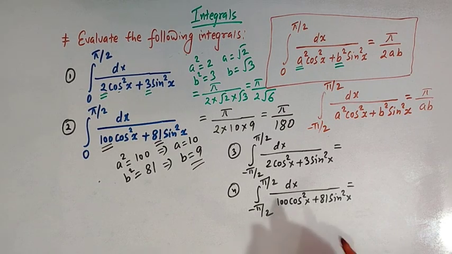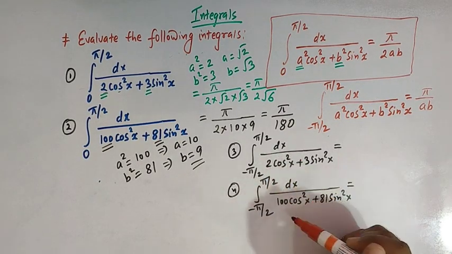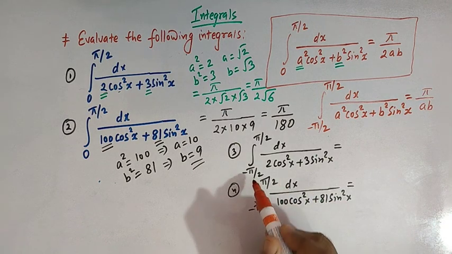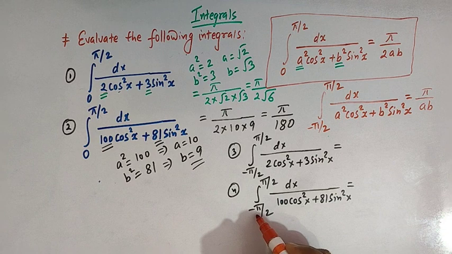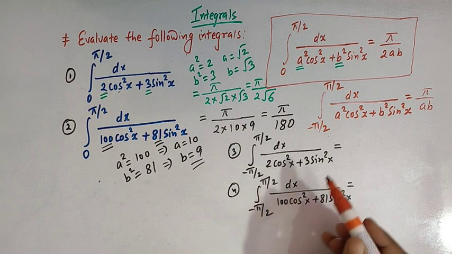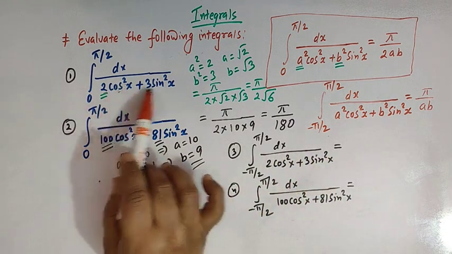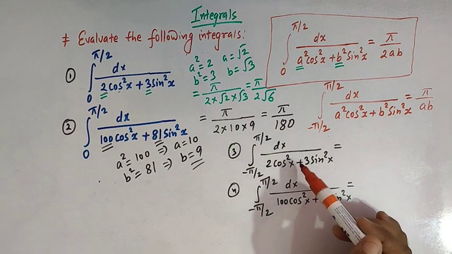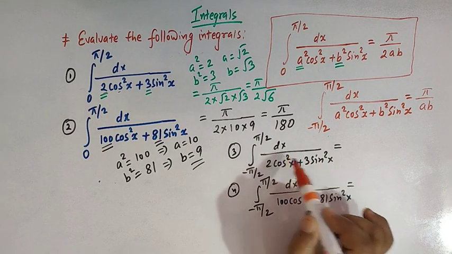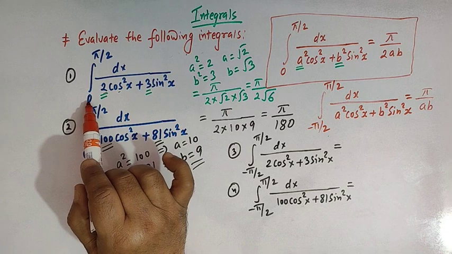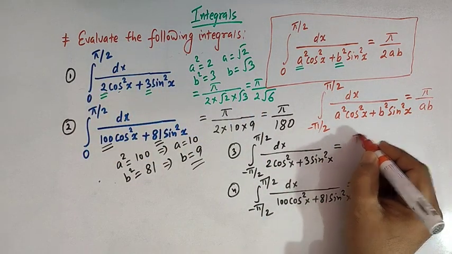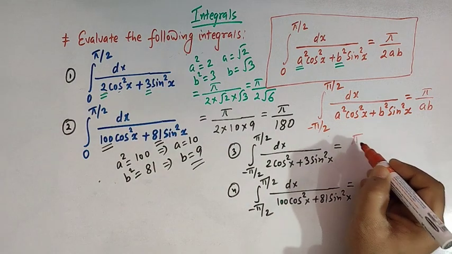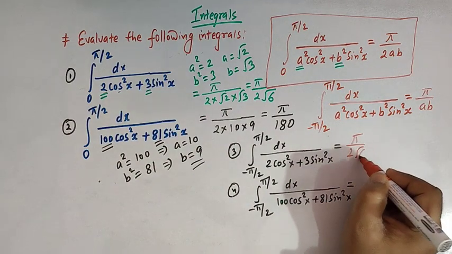So now if we wish to find out the values of these two integrals, here we have the limits from minus pi by 2 to pi by 2, and here also we have minus pi by 2 to pi by 2, and the integrand remains the same in both the integrals, right? Here we had the limits from 0 to pi by 2, and the value of that integral as pi over 2 root 6.